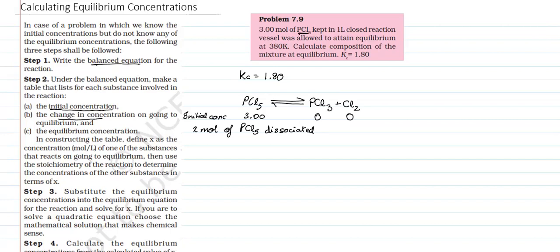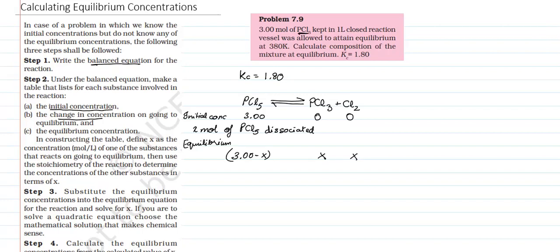The next one is the equilibrium concentration. So when it's at equilibrium, our concentration of PCl5 becomes 3.00 minus X. Concentration of PCl3 will be X. Concentration of Cl2 will be, again, X.